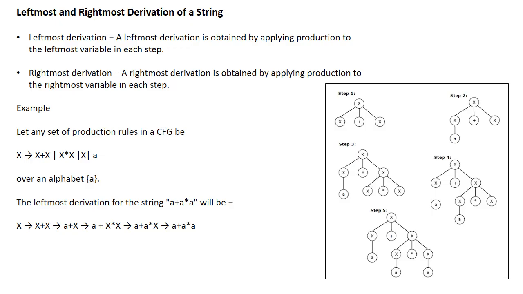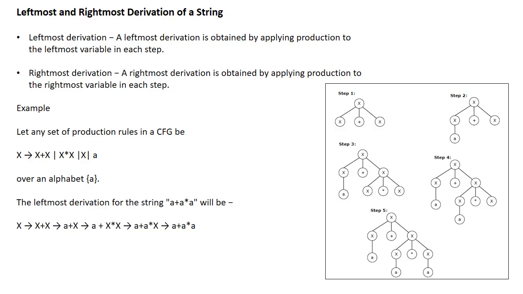You can see over here from the tree also. In step 1, obviously we will always start with the start symbol x. Then we will use the production rule x derives x plus x in the first step. In the next step, the leftmost x will be replaced by its production rule, that is x derives a. Then in the next step, the second x will be replaced by the production rule x star x.